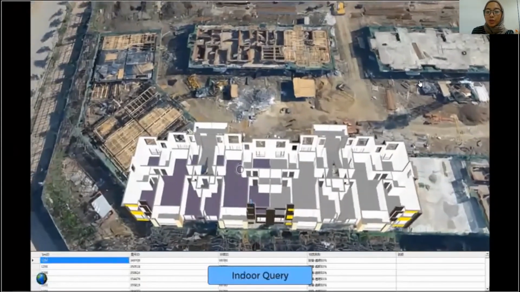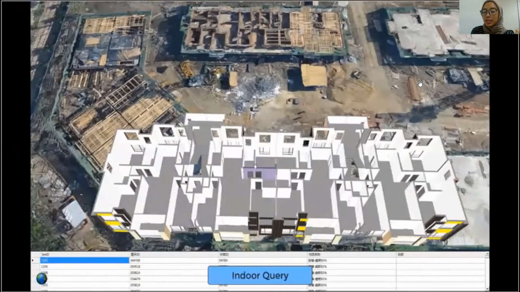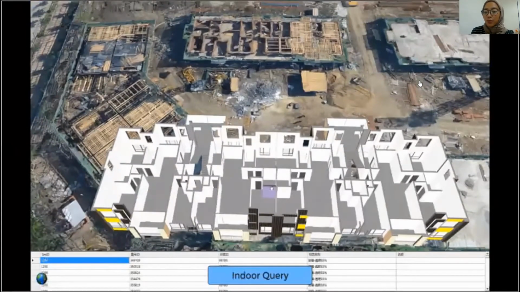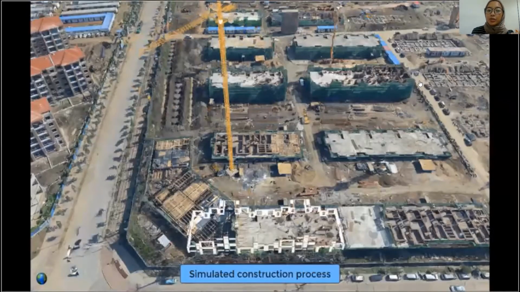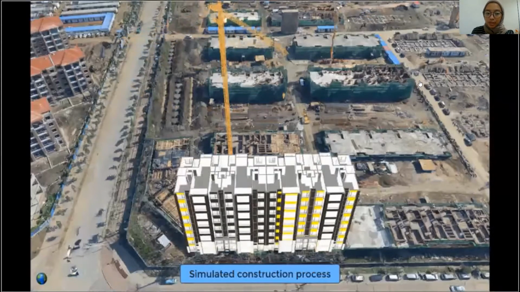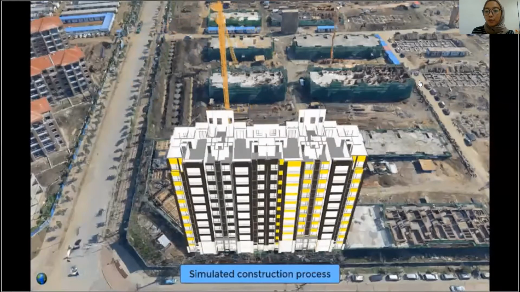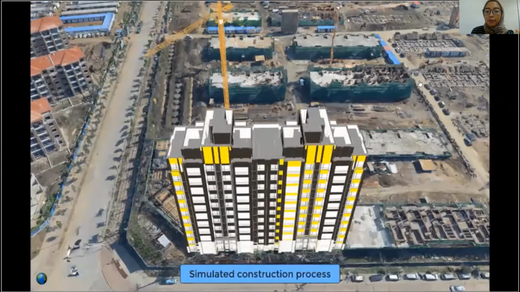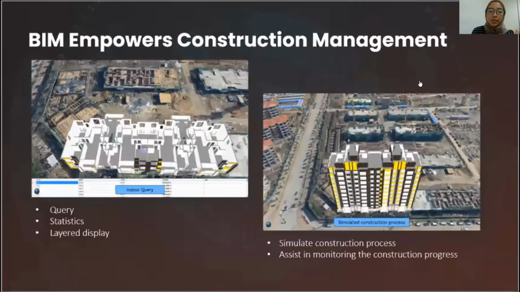Or maybe you want to look for the windows of the 8th floor only, you can do that in Supermap. And also do this kind of simulation. So this is a simulation of the building development by part visualization, as well as this. This kind of solution will empower construction management, such as the simulation presented before, and also to do queries and provide some statistics for the clients.